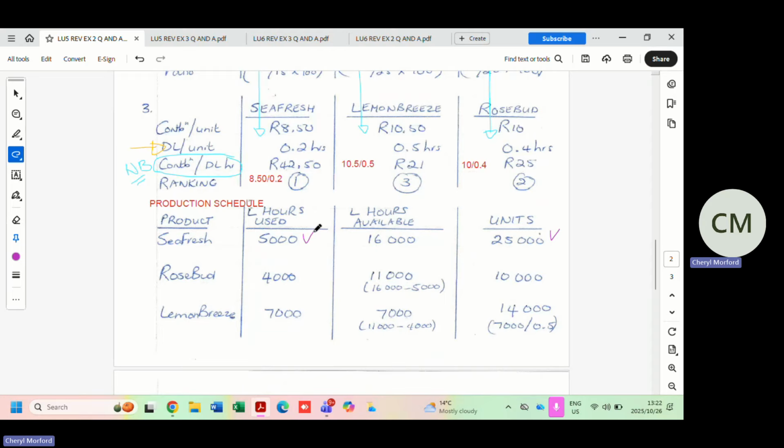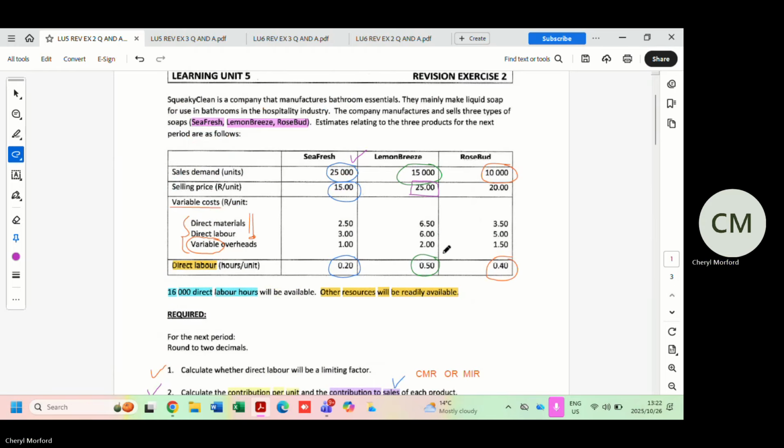Then how many hours become available? We need to now come down here and subtract the 5,000 hours from the 16,000, and that will tell us that we now have 11,000 hours left. Now we move on to the production of Rosebud, because that came in second place. And we see from here, Rosebud, 10,000 units.